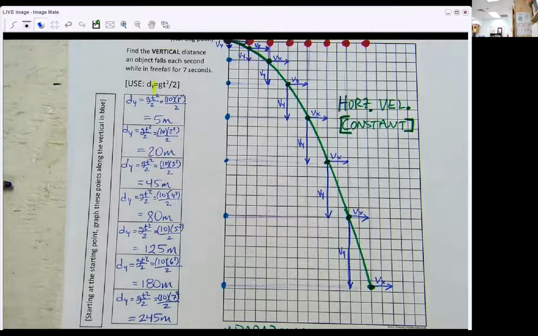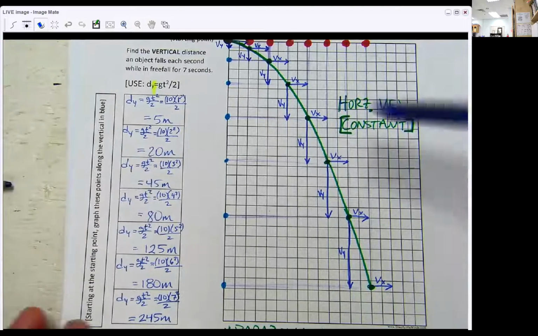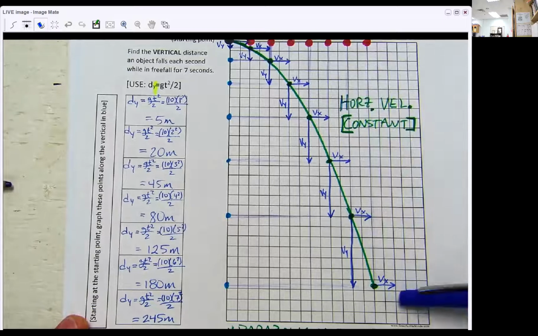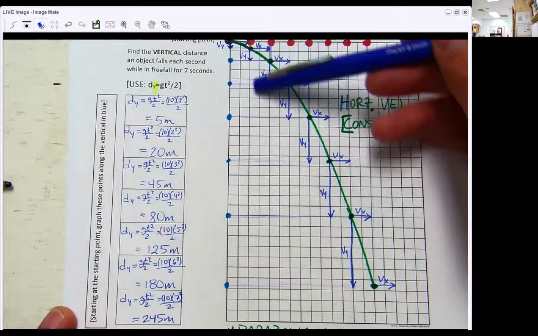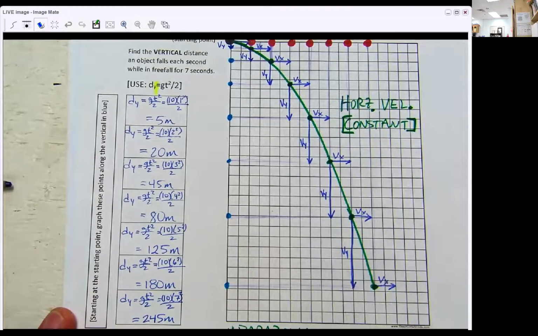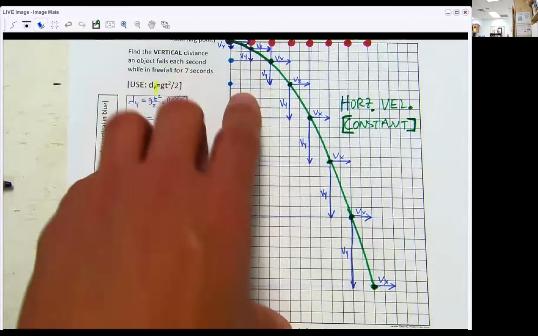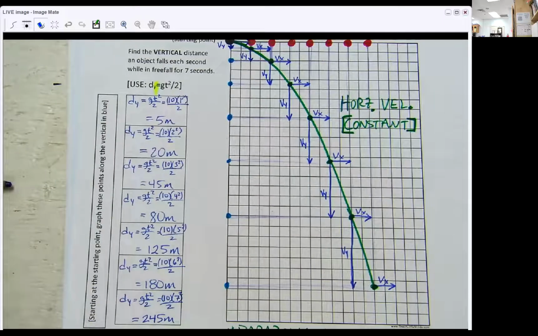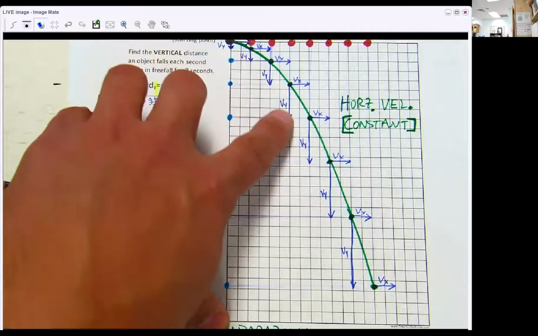It's a little bit different than the horizontal. What do you notice that's different about the vertical component of velocity? Aren't they getting longer?